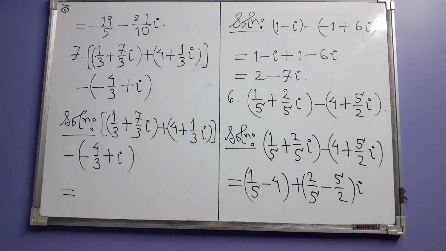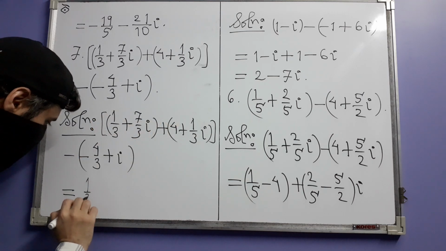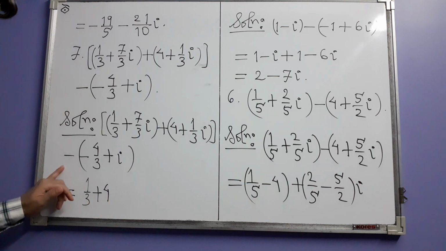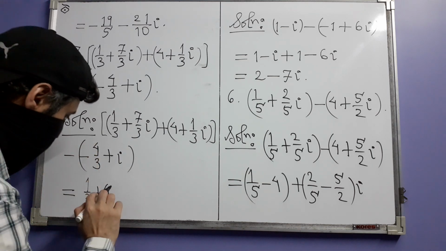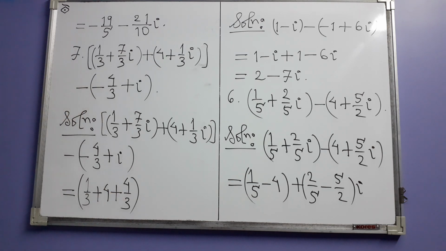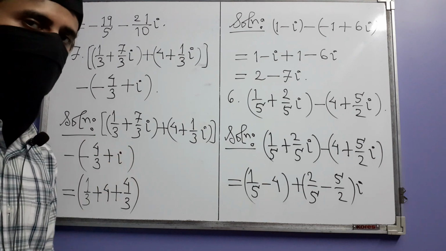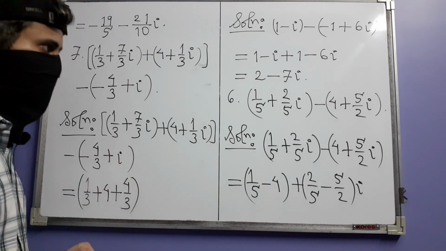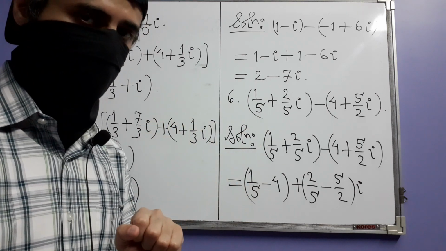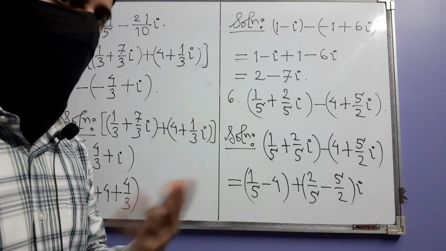So if you want to do it at once, 1 divided by 3 plus 4 minus 4 over 3 means plus 4 over 3. So that will be the real part. You just do the calculation of the real parts separately and imaginary parts separately. As long as there is no multiplication of complex numbers, you can just do the real part and imaginary part separately, that's all.